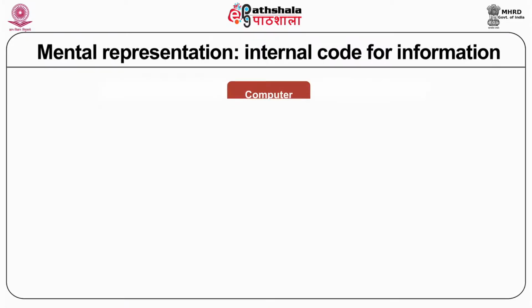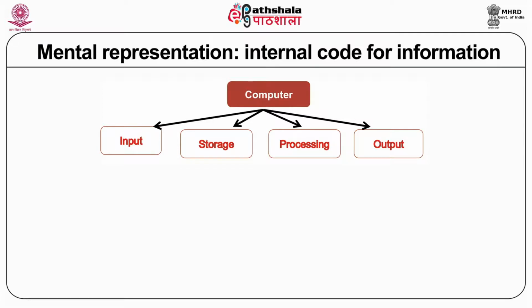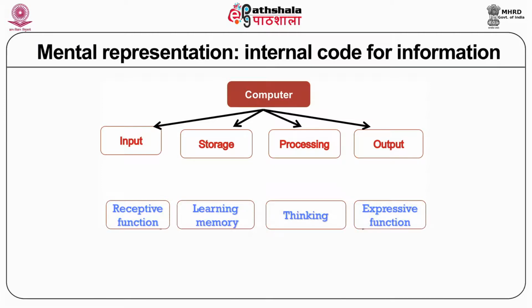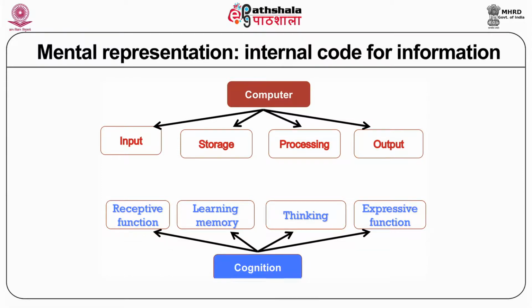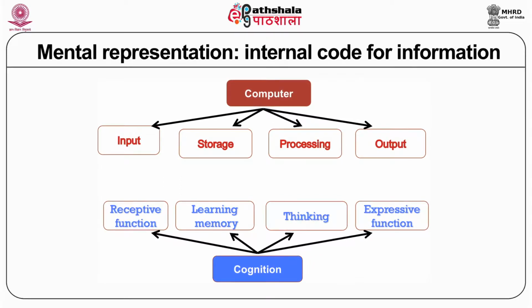Thereafter, the information processing can be linked to a series of stages. Cognitive psychology has often been compared to a computational aspect in terms of the level of processing, wherein the input is compared to receptive function, storage as learning and memory, processing as thinking, and output as the expressive function.